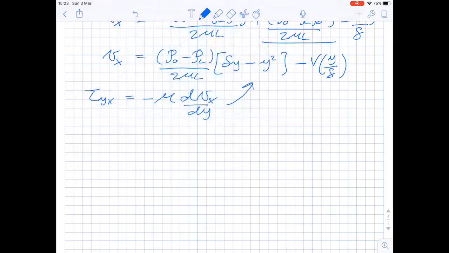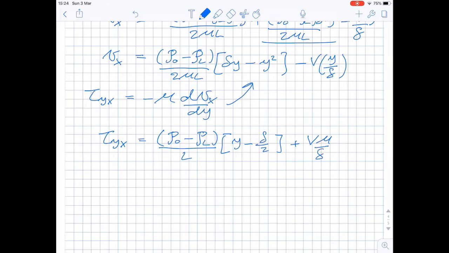And the answer for tau yx, that should be (P0 minus PL) over L, that should be your shear stress profile. Alright?